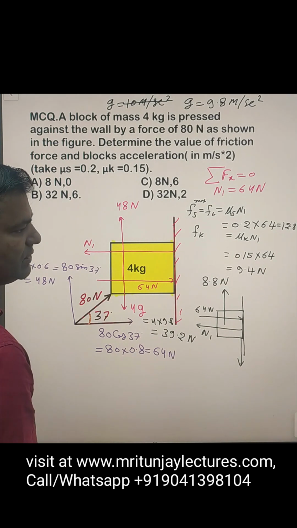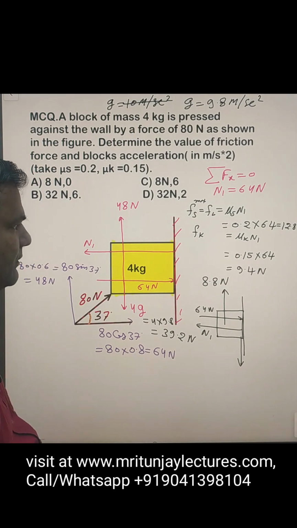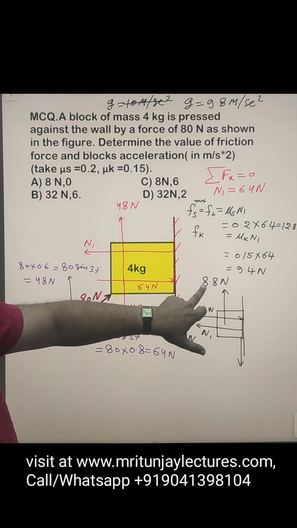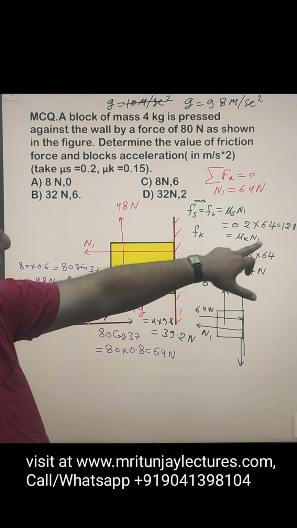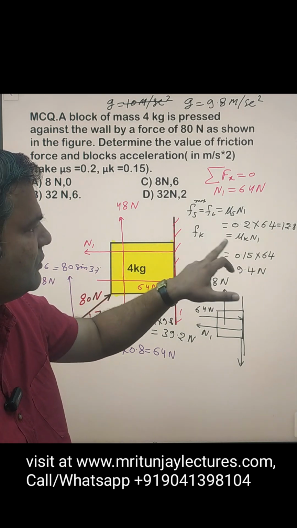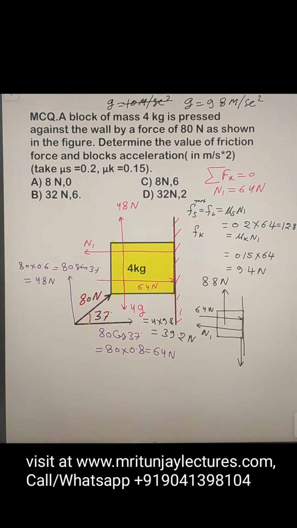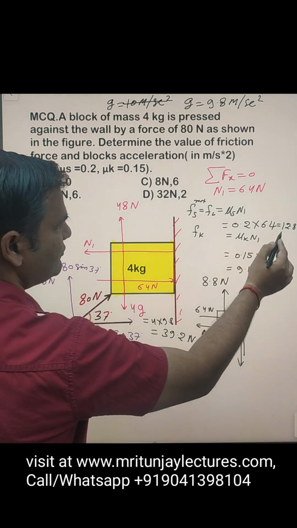That is 8.8 Newton. Is this greater than 12.8? No. So it means the block is not moving because of static friction. The limiting value is 12.8.